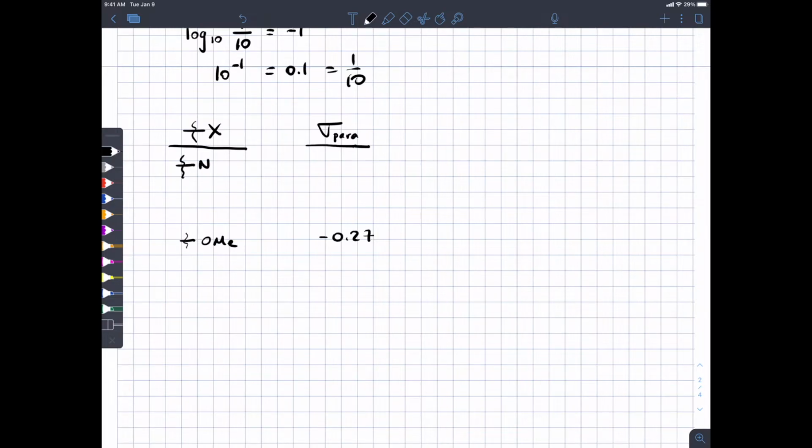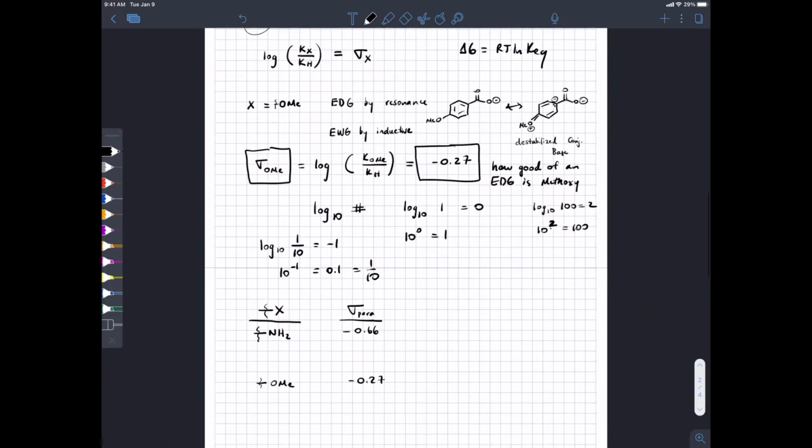For the amino group, so having the para-amino benzoic acid, that number is even more negative. Let's go back to what sigma means. That means the equilibrium constant here for amino is even smaller than the equilibrium constant for methoxy.